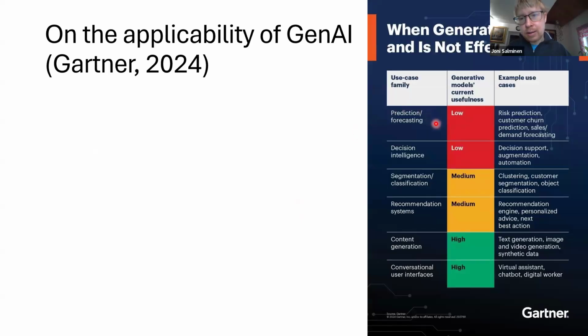Here's Gartner's idea. I think this is a good analysis or visualization when it comes to applicability. Remember that we talked about traditional AI and generative AI. Here, prediction and forecasting and decision intelligence, the way they define it, would be classical AI approaches.